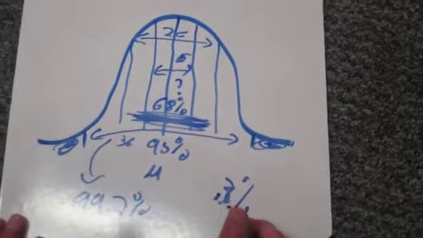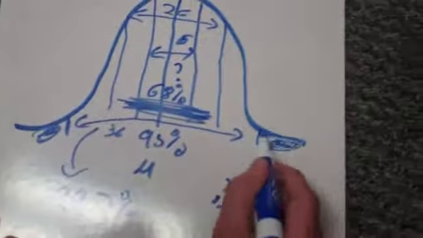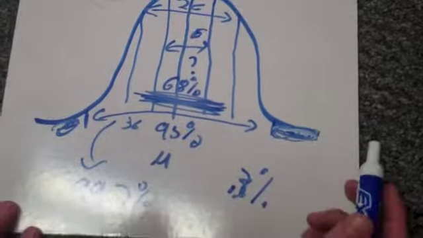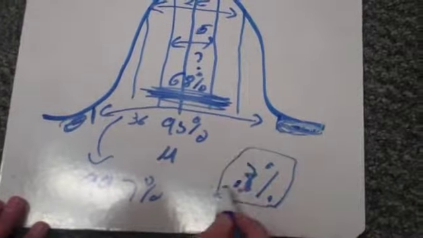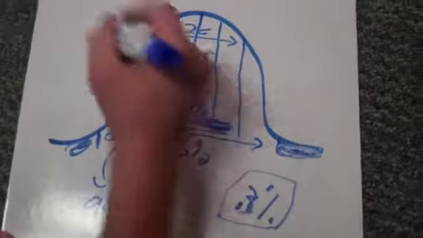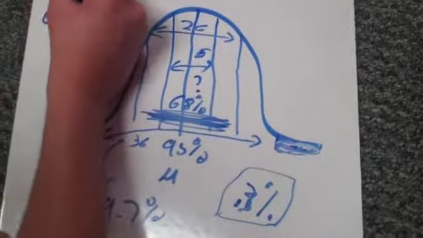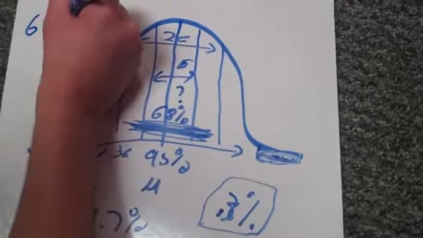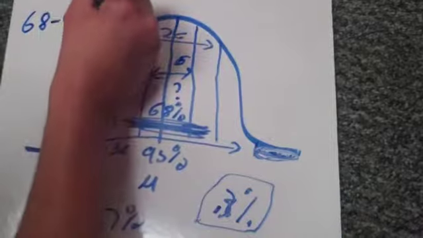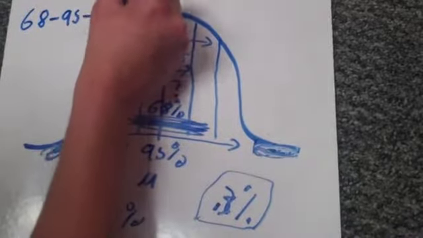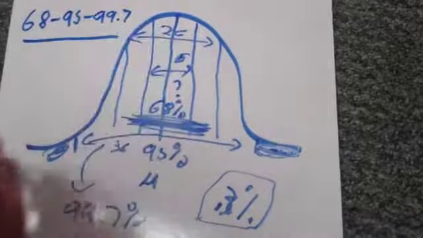That is a really low number. They can be considered outliers. So that's the empirical rule, which is basically, for you to remember, 68, 95, and 99.7. I hope this helped.